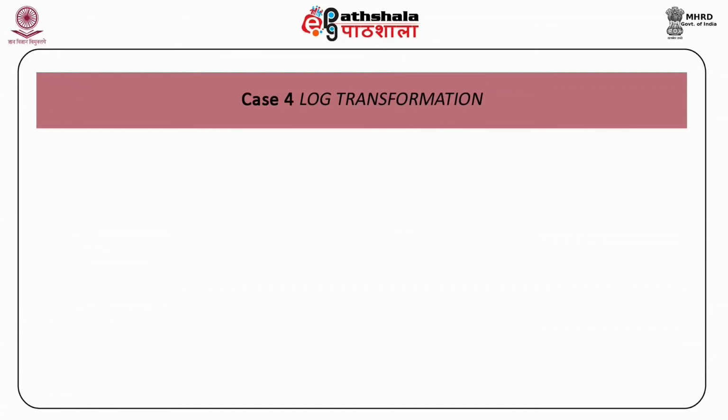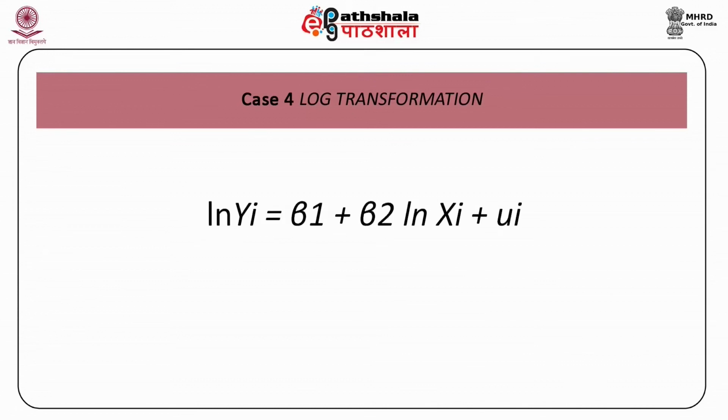Secondly, it represents the elasticity of y with respect to x, that is, the percentage change in y for a percentage change in x, whereas in the original model it represents the change of y for a unit change in x. However, we find some problems associated with this transformation method.